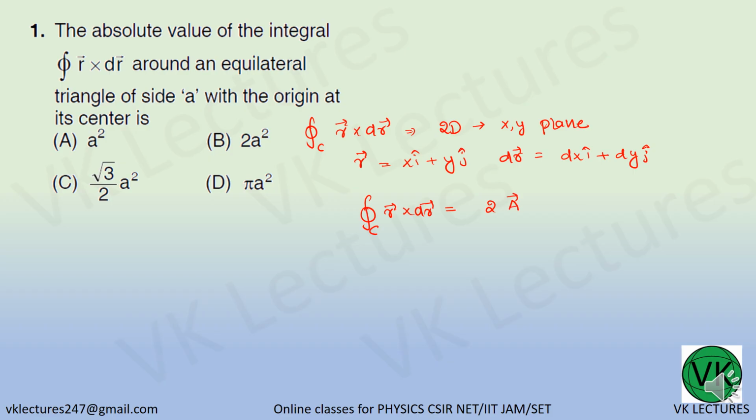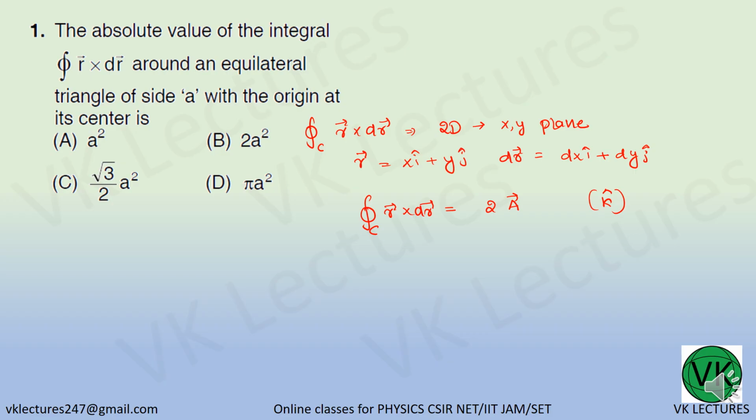A is the area vector perpendicular to the plane that we have already considered. So it will be in the k direction. So area vector is perpendicular to the area which we are considering. Now here is the closed region, and that closed region is nothing but the equilateral triangle with side A.